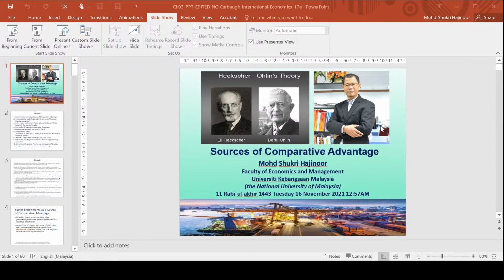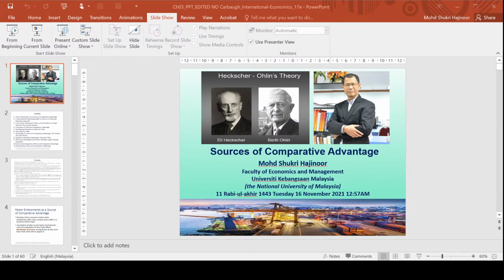Price of X over price of Y is large in that country, which is country A. So as a result, there is a high opportunity cost for the production of X in country A. So country A will specialize in production of Y. The story is opposite for country B.